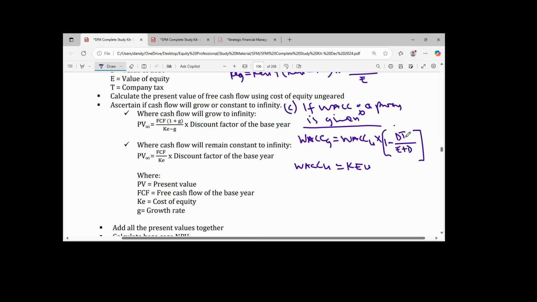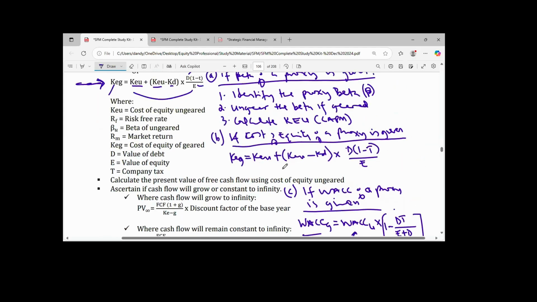D remains the value of debt, T is the tax rate, E is equity value. The WACC of geared will surely be given to you. What you are looking for is the WACC of ungeared. So that's it.